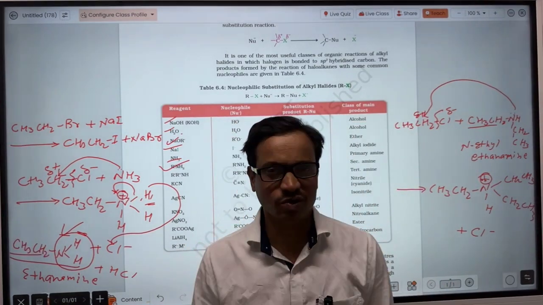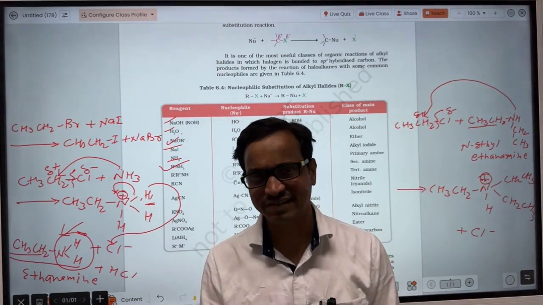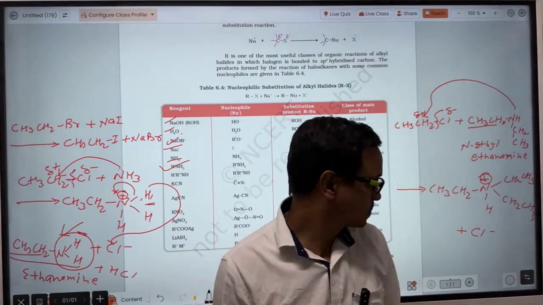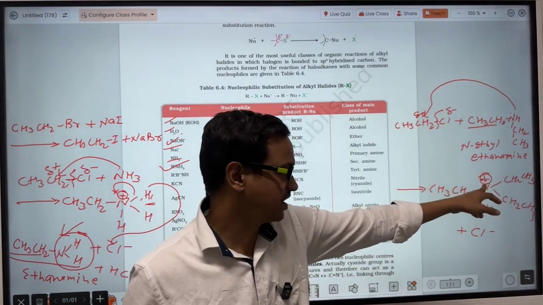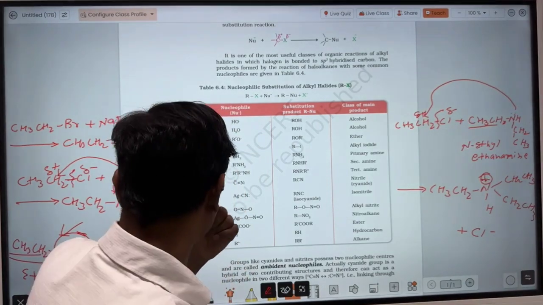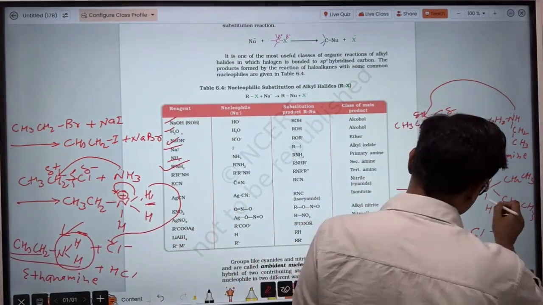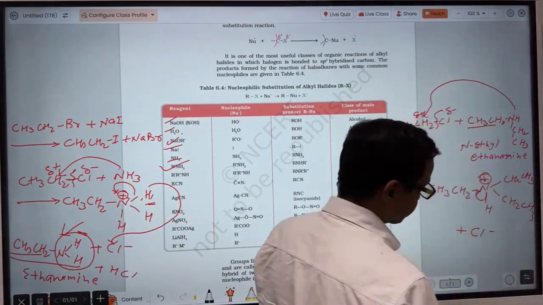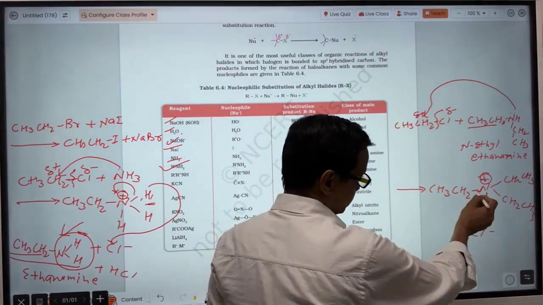So for this nitrogen there will be loss of one electron, so there will be development of a positive charge on this nitrogen. Okay, then after, this nitrogen will take the shared pair of electrons of this NH bond.